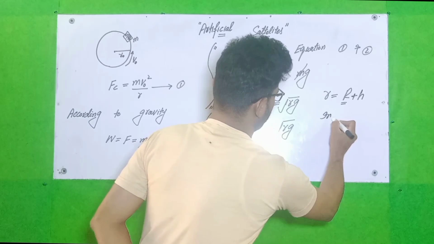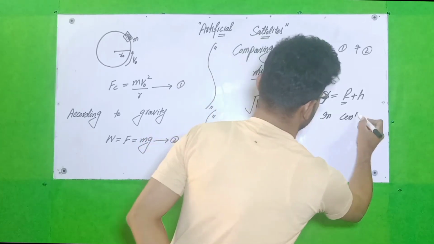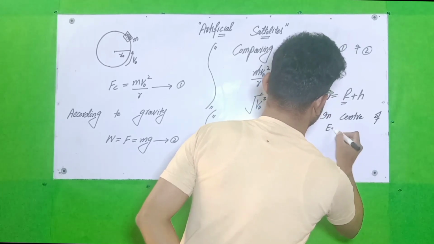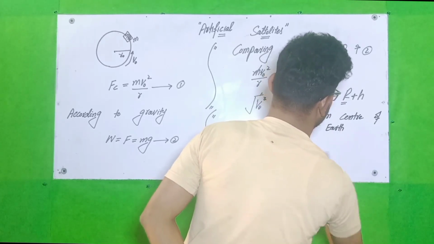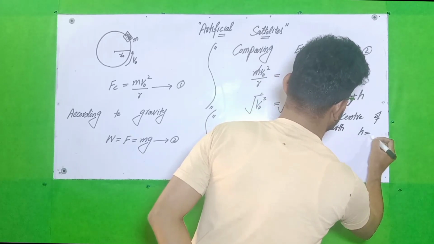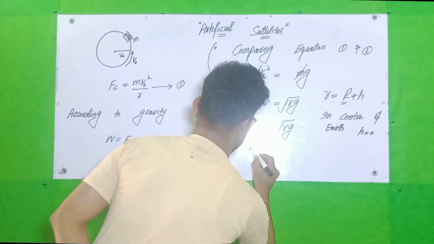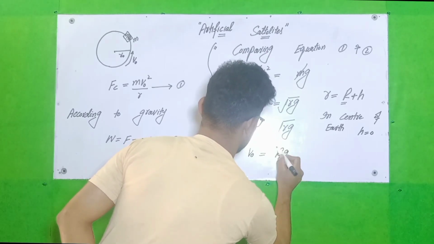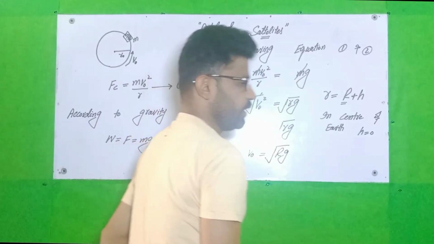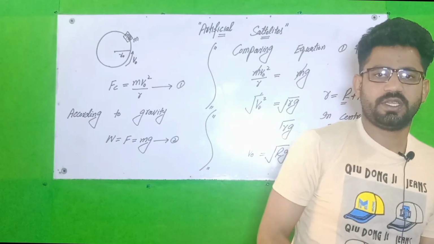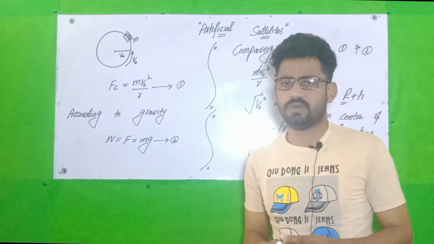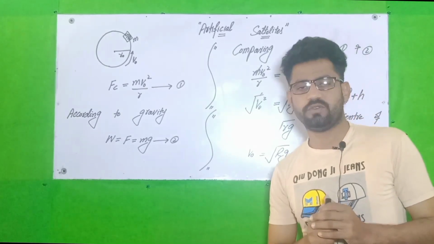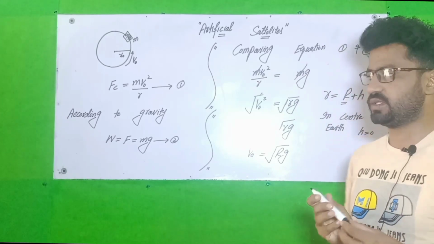At the center of the earth, h is equal to 0, so we can write Rg is equal to R, where small g is known as the gravitational acceleration and the capital R is known as the radius of the earth, which has a fixed value of 6.4 multiplied by 10 power 6 meter.